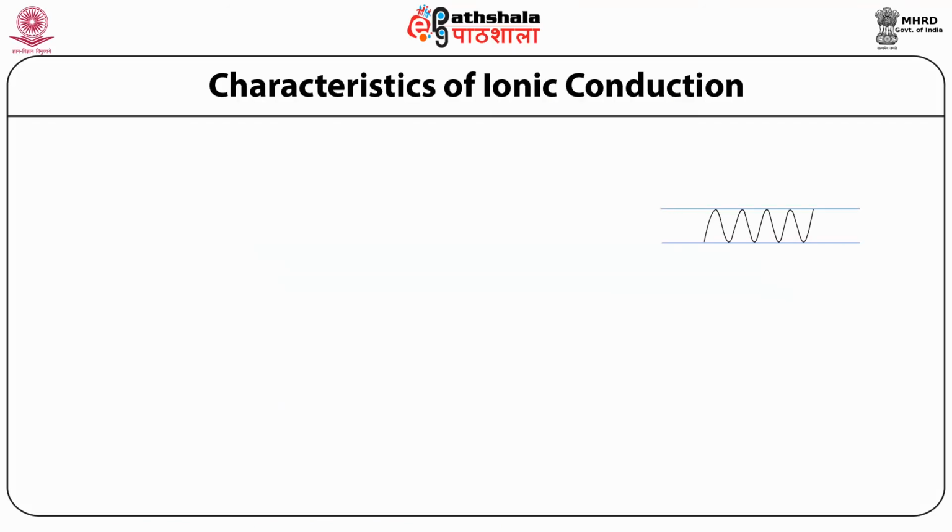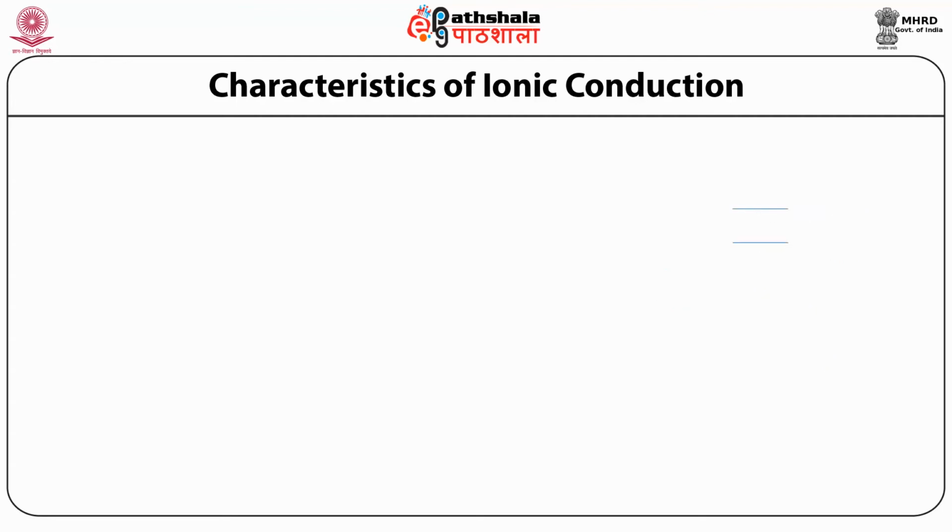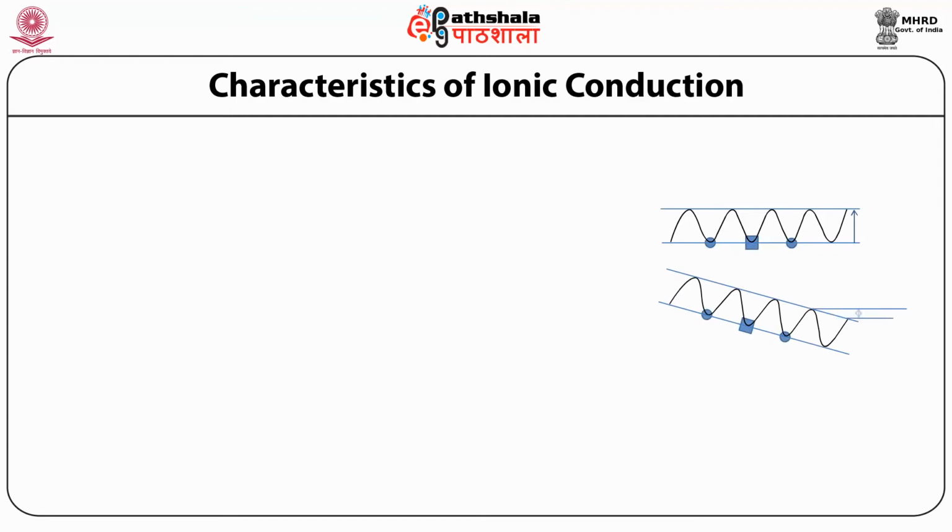So students, you can see on the right hand side a schematic showing the lattice ions and vacancies in a potential well with and without applied electric field. So here EA corresponds to the migration energy.